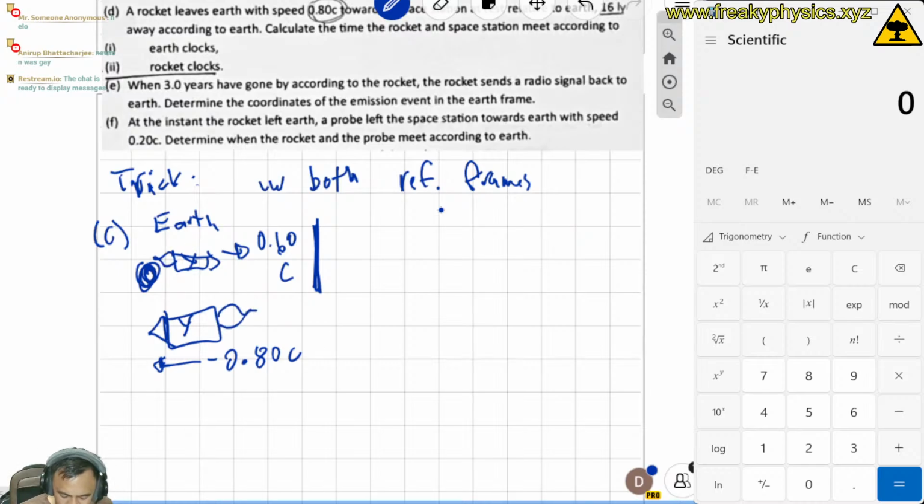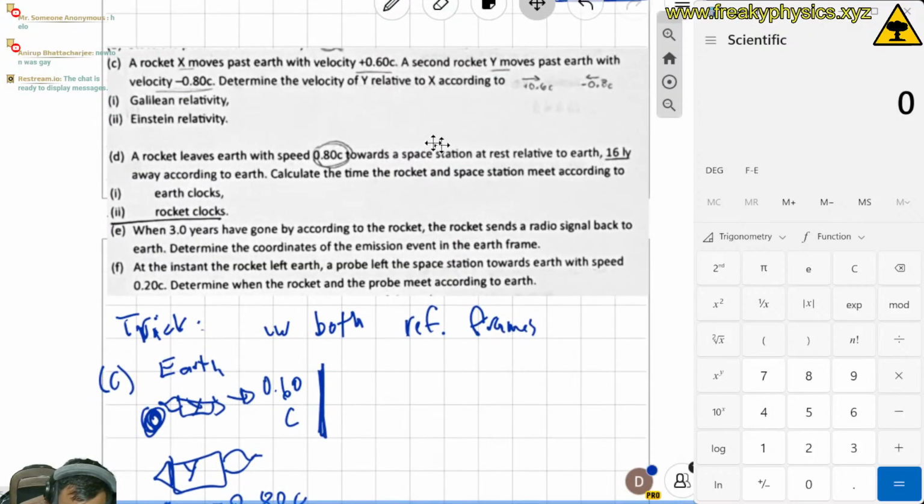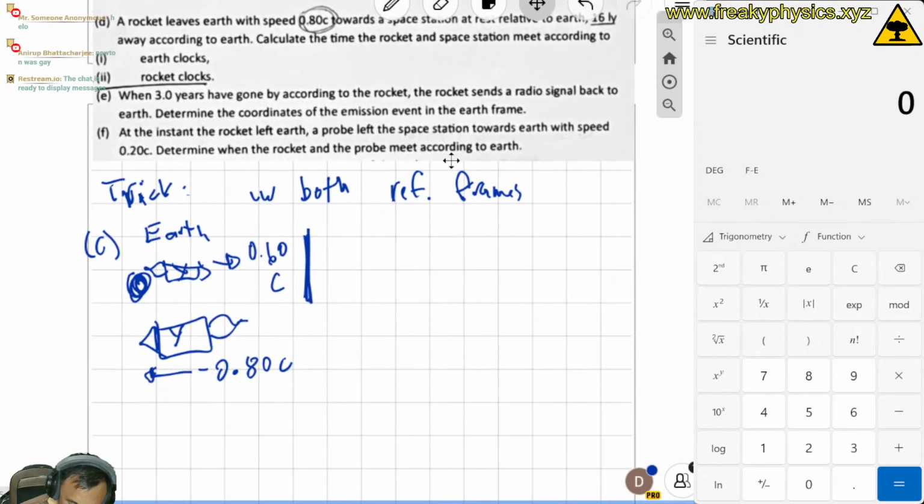The trick here is we're going to look at the second reference frame. According to our problem, in the second reference frame, determine the velocity of Y relative to X. So we're going to look at rocket X. In rocket X's point of view, it's not moving. And which way is the Earth moving?